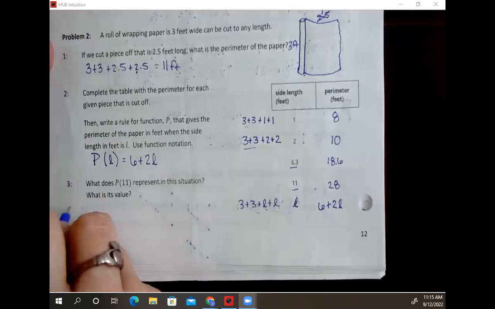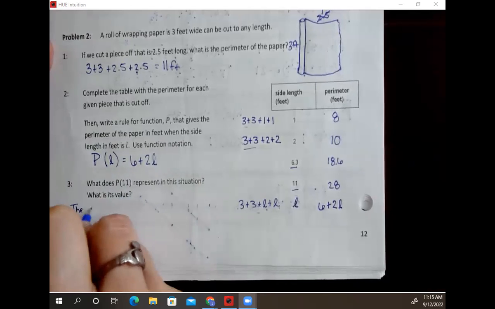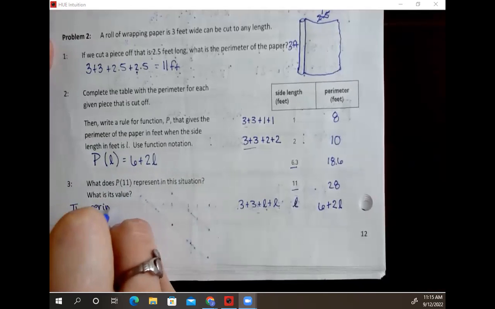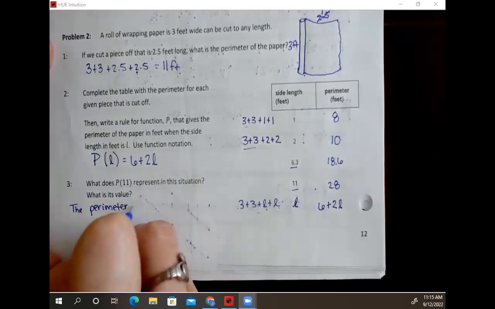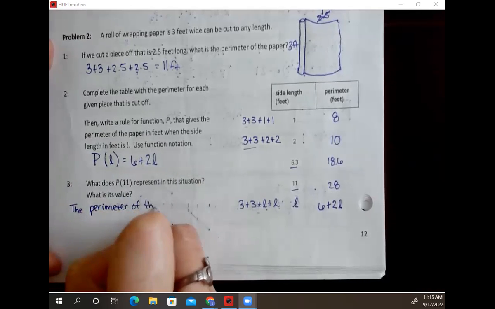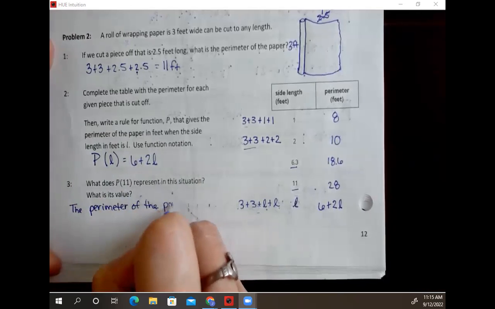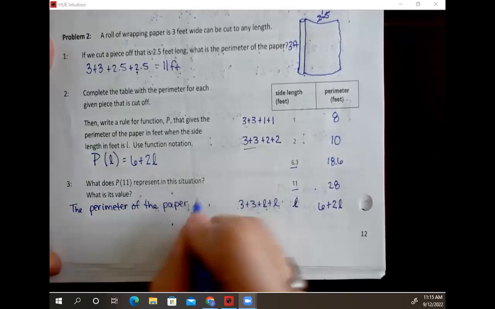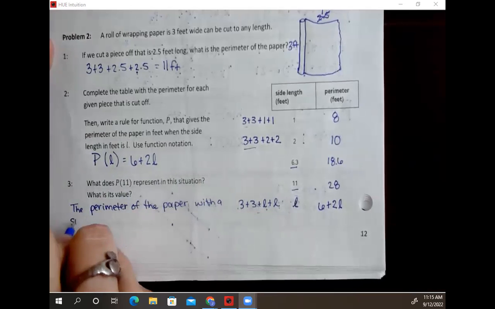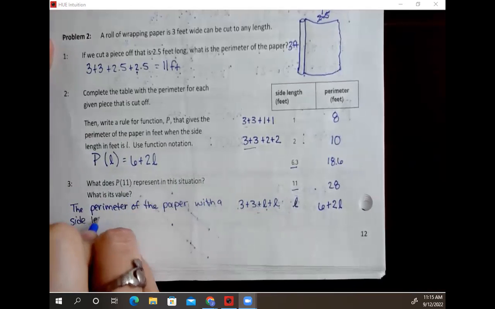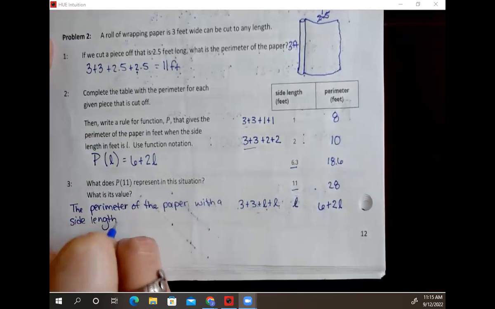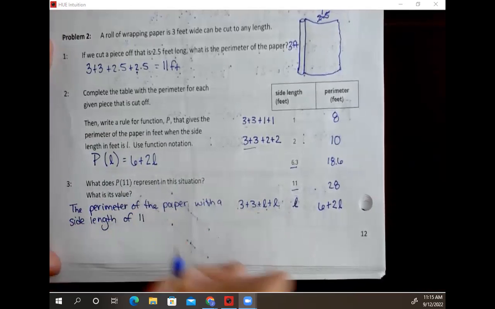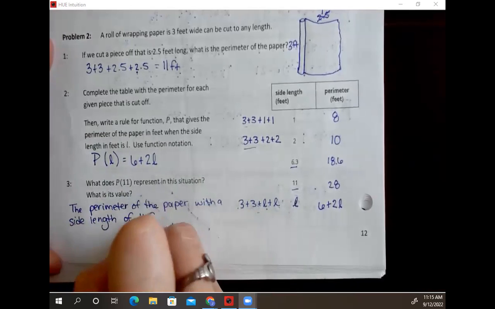Yeah, so I'm looking at the perimeter of the paper with a side length of 11 feet, our unit here.